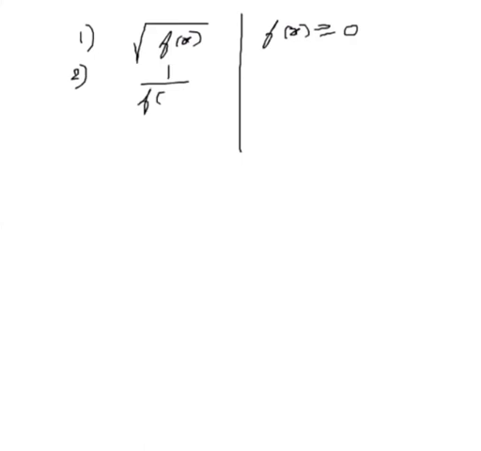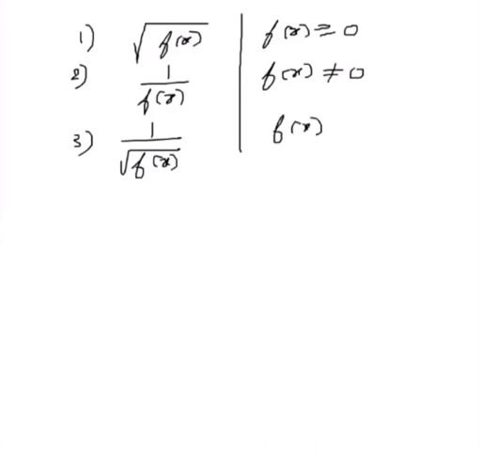And if f(x) comes in the denominator, say, the x variable in the denominator should not become 0. This is the condition. And in case you have a function under root but it is in the denominator, say, then f(x) should be strictly greater than 0. So you have to know these 3 points. I'm repeating them.